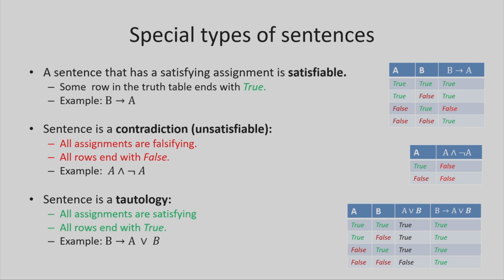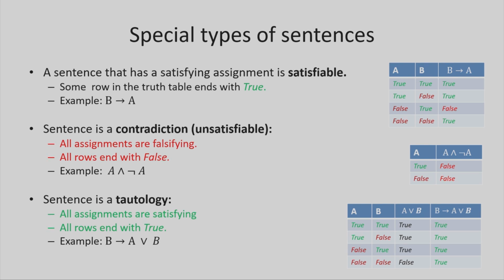Finally, in addition to something that you could never make true, there is a formula that you could never make false, a tautology. You might have heard the expression of something being tautological, like if I say, if today is Monday, then today is Monday, it's tautological.